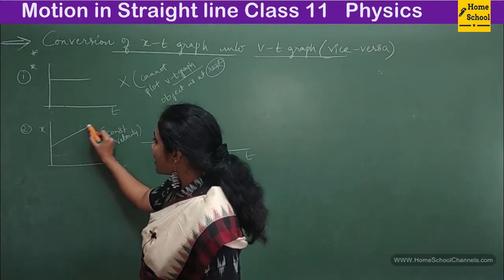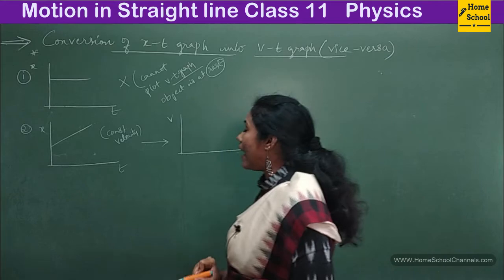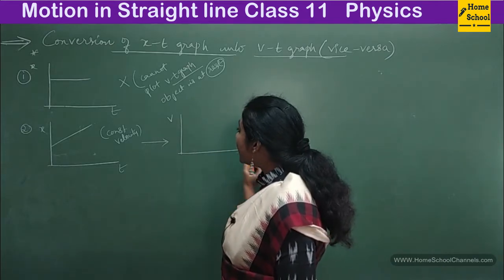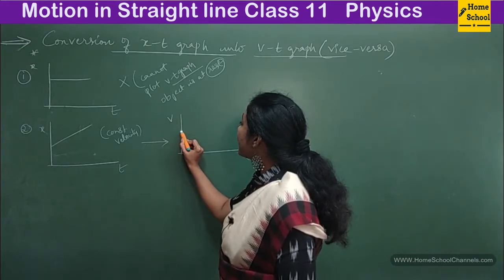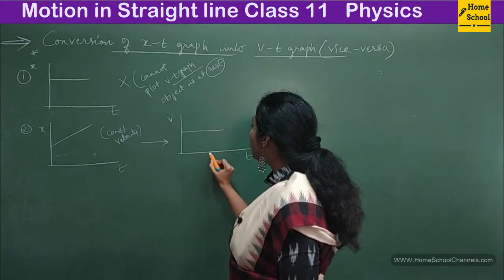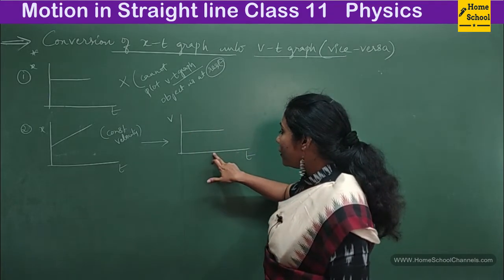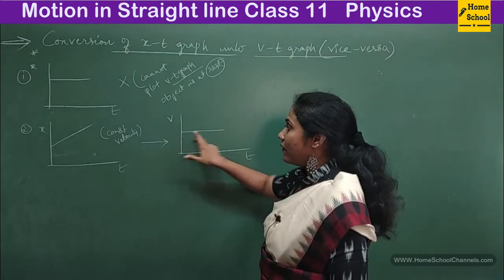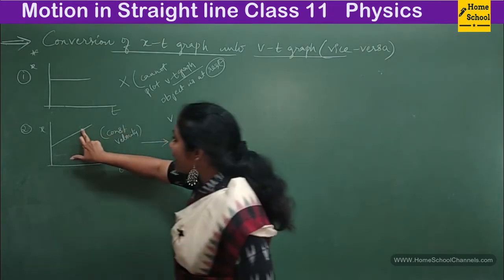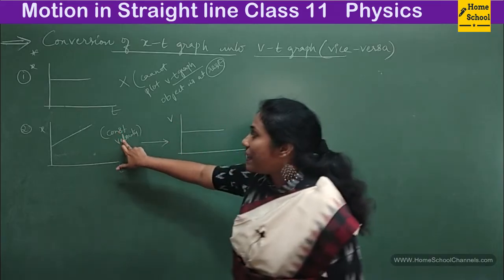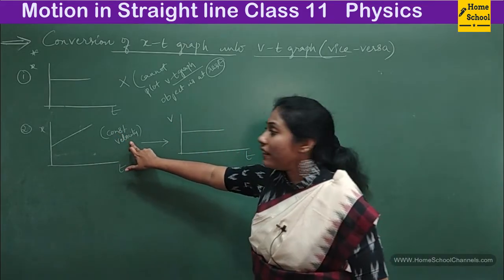So this one, if I have to convert into VT graph, how does the graph look? If you have this straight line in XT graph, then in a VT graph, you get a line parallel to the t-axis. Yes or no? What do you mean by a line parallel to t-axis? Velocity is constant. Velocity is not changing. Actually, this line in XT graph has the same meaning, no? Constant velocity. Right?